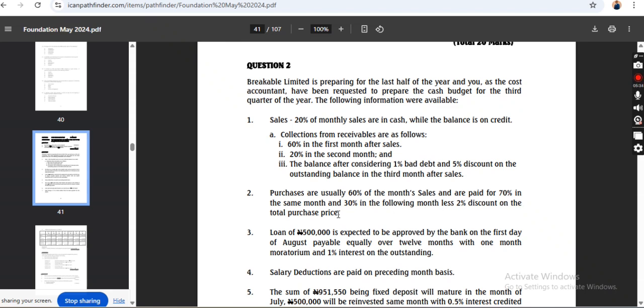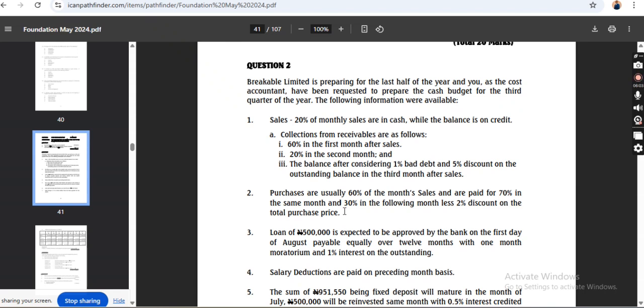Purchases are paid for 70% in the same month. So which means that when you want to get your purchases, your purchases will be 60% of the month sales, which is the cash sales, right? And they are paid for 70% in the same month.